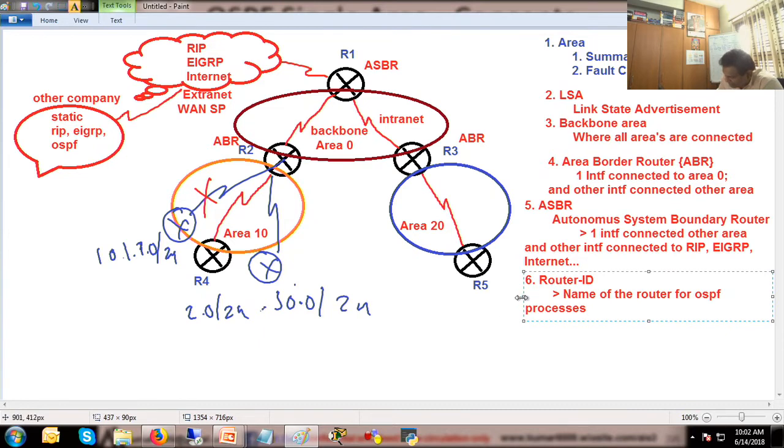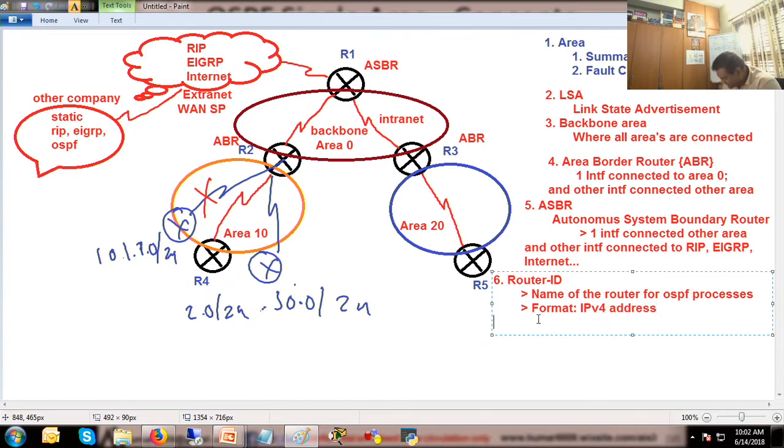The format of the address is IPv4 address format. For example, R1 you can name 1.1.1.1, and R2 you can name 2.2.2.2. It has to be unique; it cannot be the same. That is the name of the router.